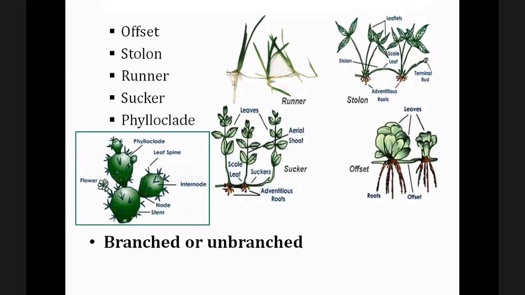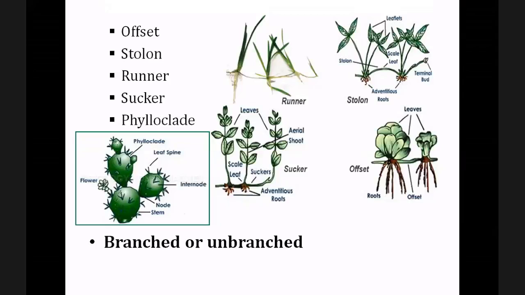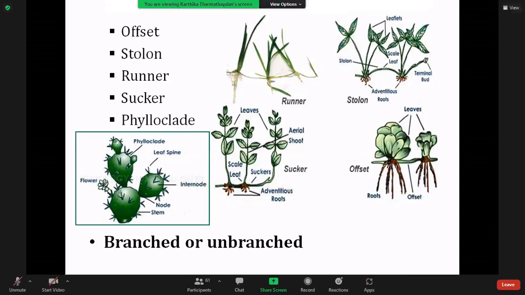That is one of the modifications. The stems are modified to increase their photosynthetic capacity, for the survival of that plant. You can see this phylloclade in cactus and prickly pear. Those plant stems we call a phylloclade.